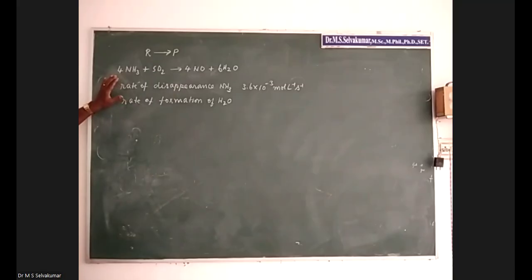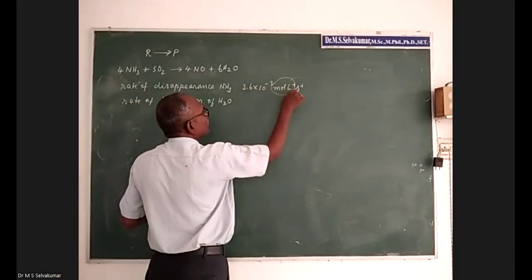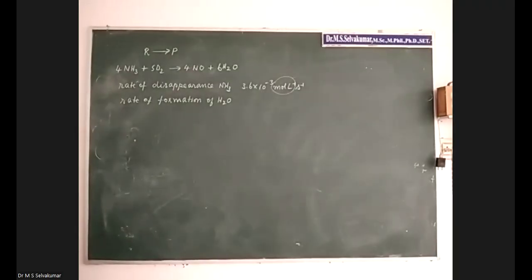Rate of disappearance is expressed in concentration per time. So 3.6 into 10 power minus 3 mole per liter is vanishing in 1 second. If that is the rate of disappearance of ammonia, what is the rate of formation of water?